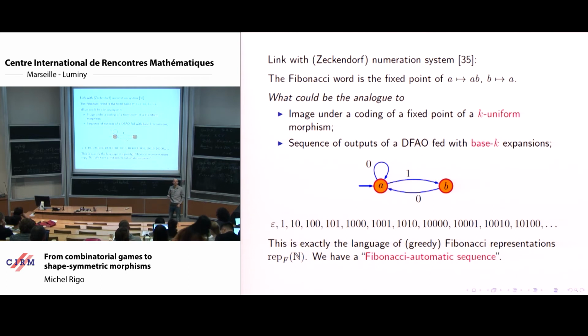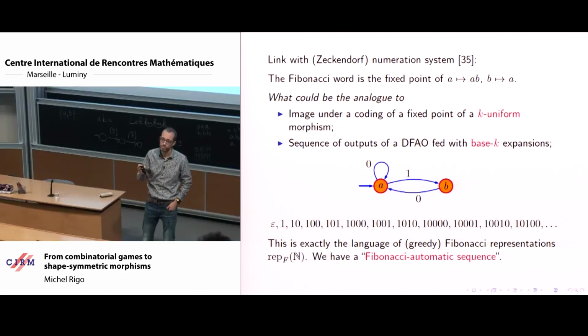I just look at all the possible paths, starting from the initial state, and my initial state is A. Why A? Because I iterate the morphism starting with A. So this is why this is my initial state. And I look at all the words that can be read through the automaton. But I discard those starting with 0. Okay? Just for some technical reason.